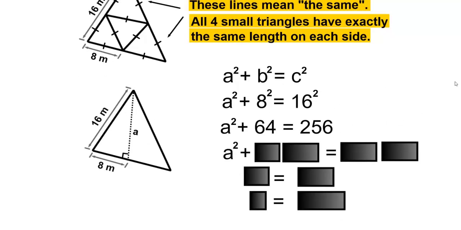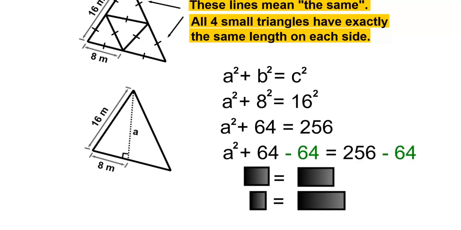To remove the 64 from the left-hand side, we'll subtract it. Therefore, we have to subtract the 64 from the other side as well. The plus 64 and minus 64 will cancel, leaving us with a squared, and 256 minus 64 is 192.